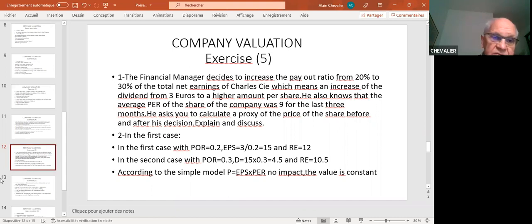This is quite important in terms of financial policy, but also in terms of valuation because the costs are very different.